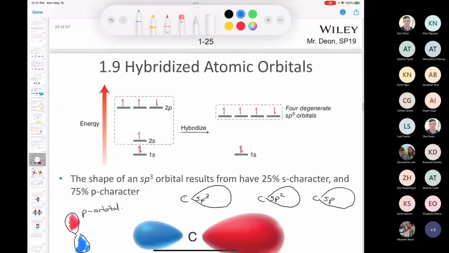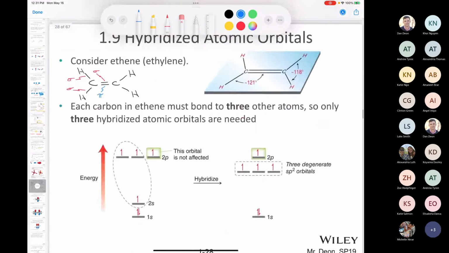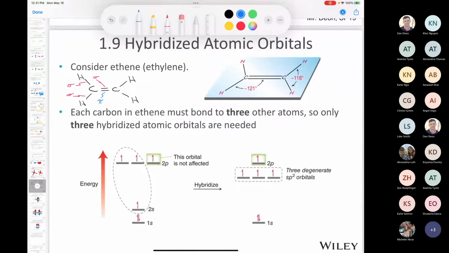Let's go back. If we look at the electron configuration for carbon, it's still 1s2, 2s2, 2p2. If we take one electron from the 2s2 and we move it over into a 2p, then we have 4 unpaired electrons. However, I only need to hybridize 3 of them because I'm only making 1, 2, 3 sigma bonds.